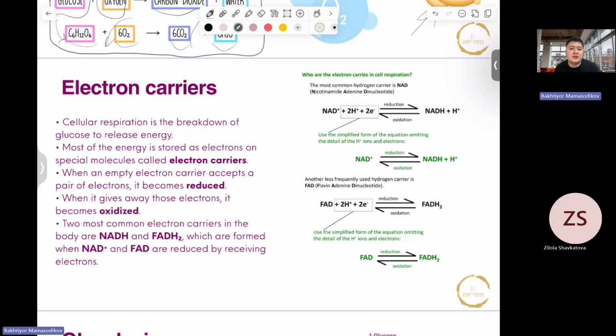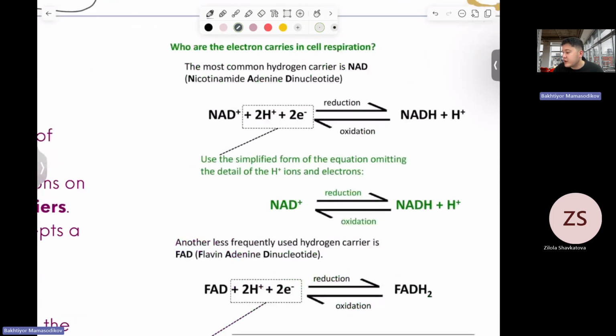They're like buses, like empty taxis that go around collecting the energy. They're like taxis in the city. So we have two types of taxis or buses. The first is NAD+, the first electron carrier.